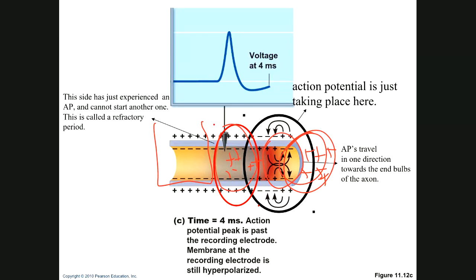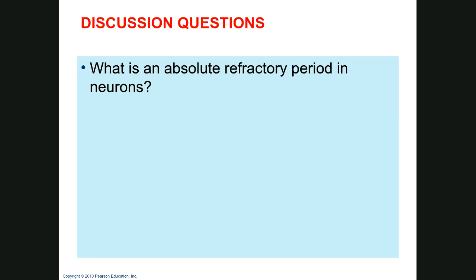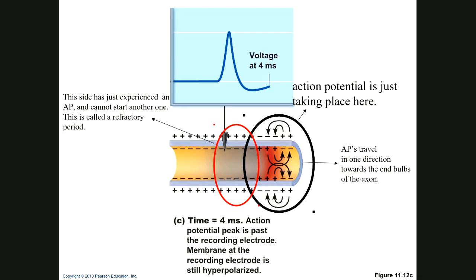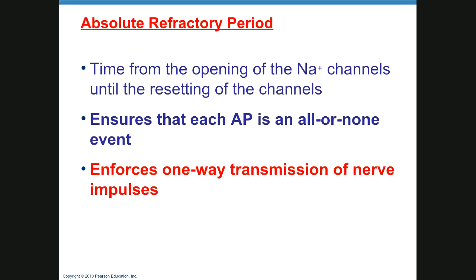There are two ways to move action potentials. It could be by continuous propagation, which is what we've been looking at, in which action potentials are created at adjacent areas of the neuron until the action potential reaches the end of the neuron.